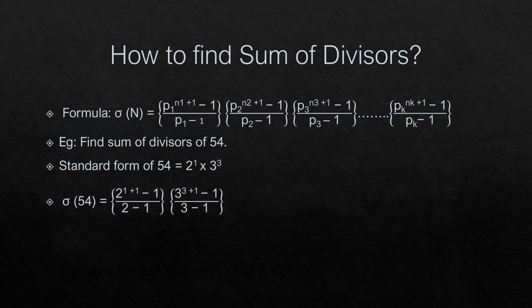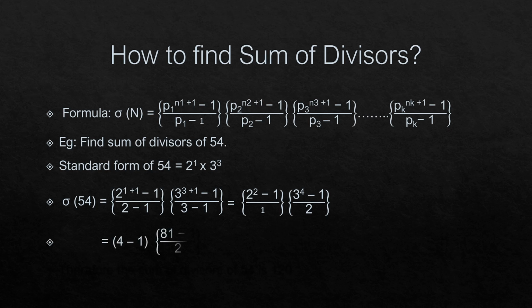So sigma 54 equals 2 raised to 1 plus 1 minus 1 upon 2 minus 1, 3 raised to power 3 plus 1 minus 1 upon 3 minus 1, equals 2 raised to 2 minus 1 upon 1, 3 raised to 4 minus 1 upon 2, equals 2 raised to 2 will give you 4 minus 1 and 3 raised to 4 will give you 81 minus 1 upon 2. 81 minus 1 will give you 80.